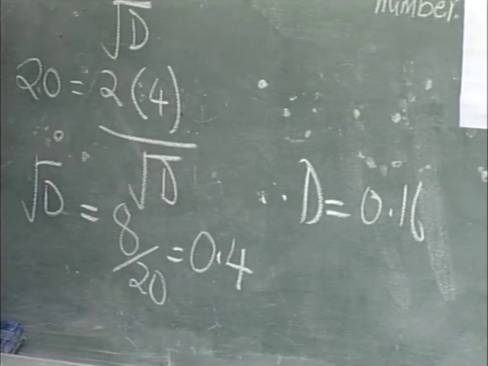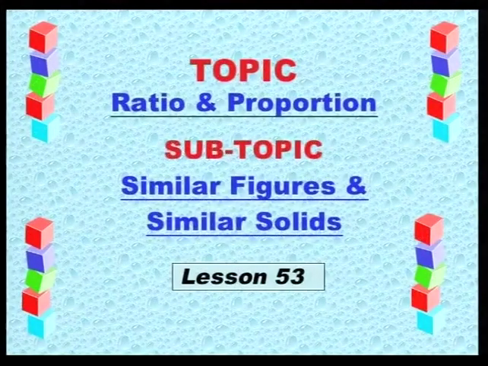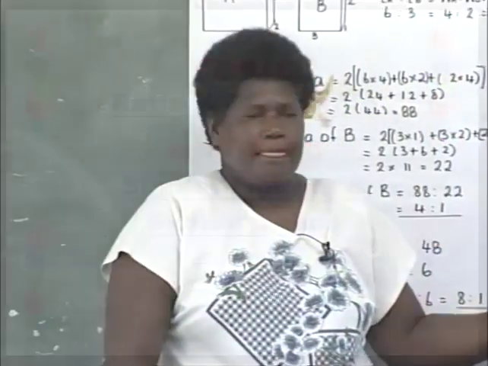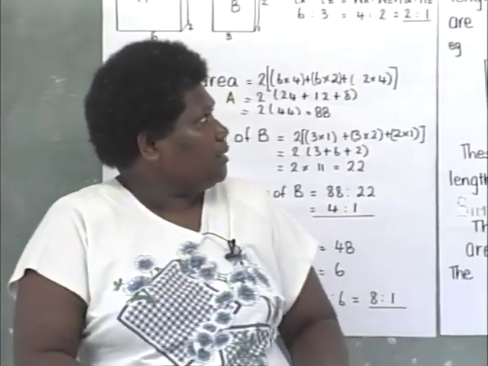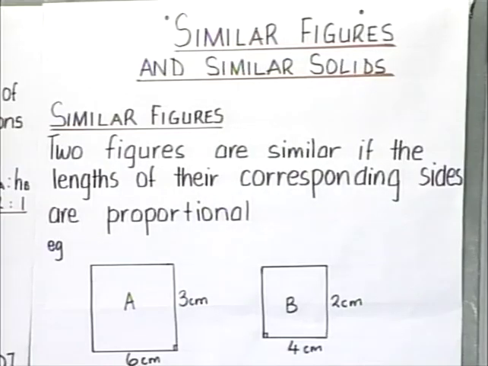No more questions? Okay, we'll just start the new lesson and then we'll have to continue it next lesson. I'm just going to do the introduction part of that. It's supposed to be on similar figures and similar solids.